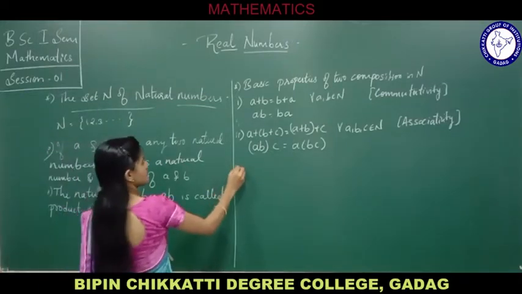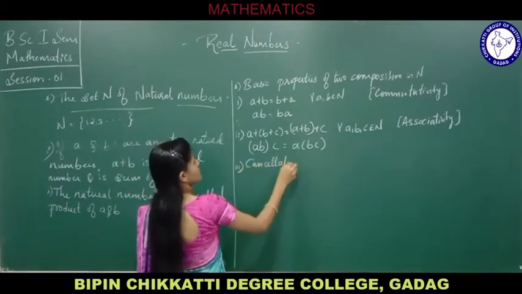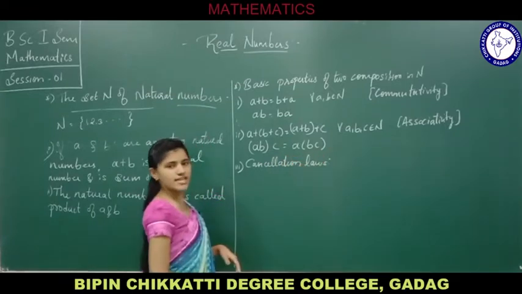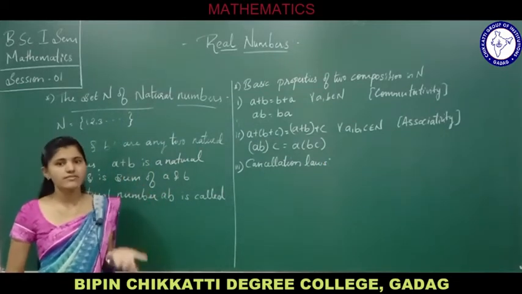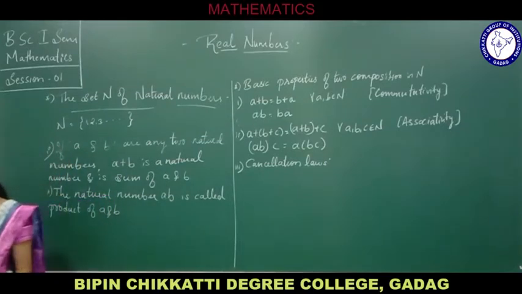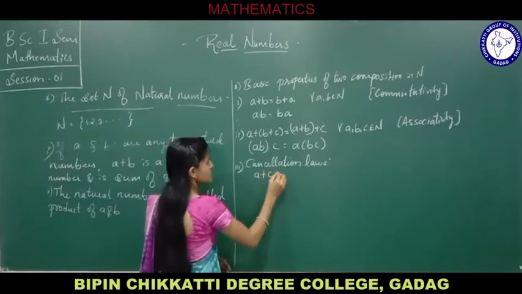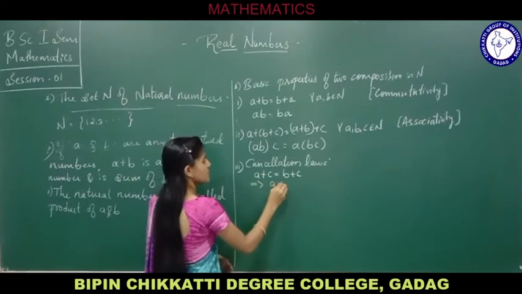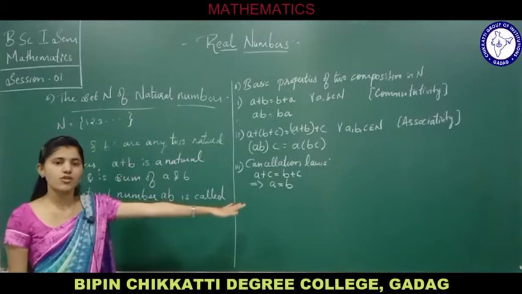We have the cancellation laws for both addition as well as multiplication. That is, if A plus C is equal to B plus C, this implies A is equal to B. This is the cancellation law of addition.